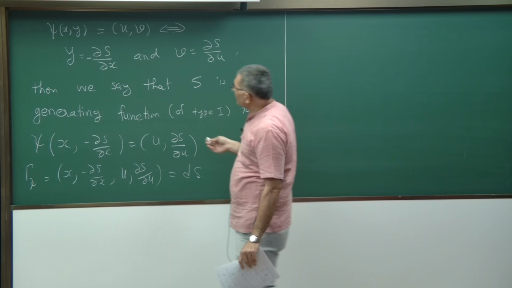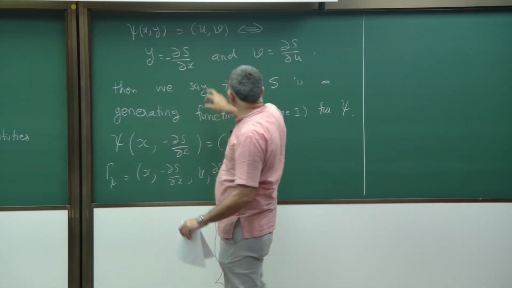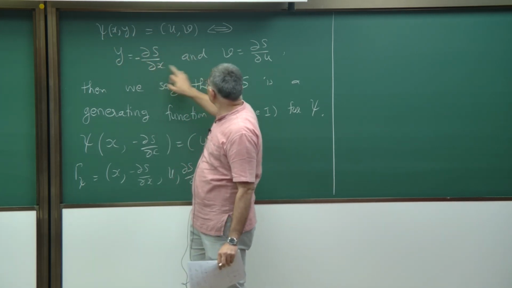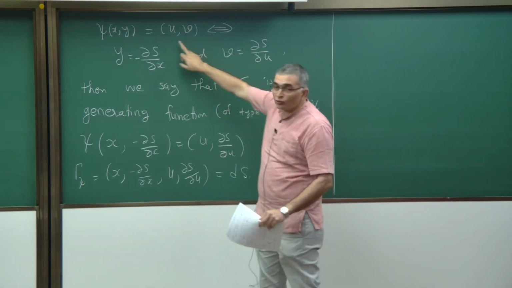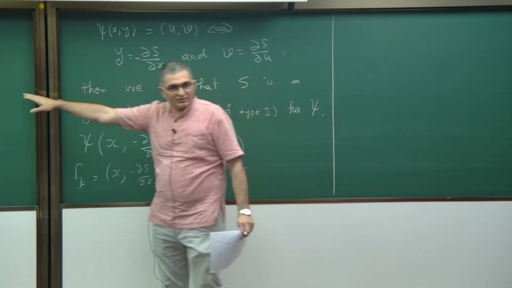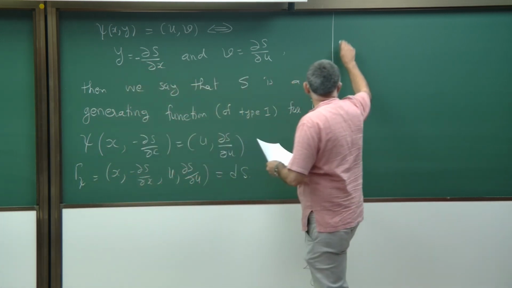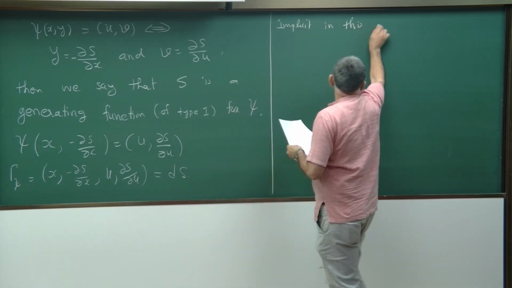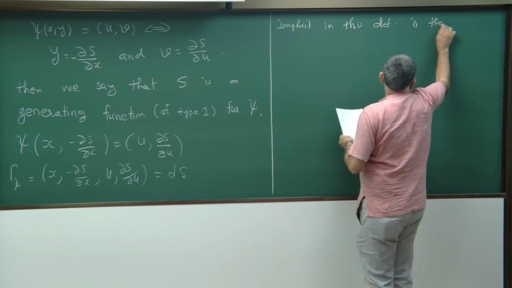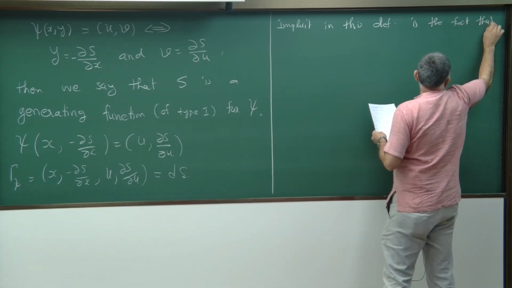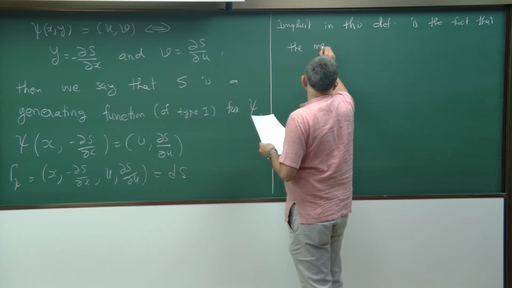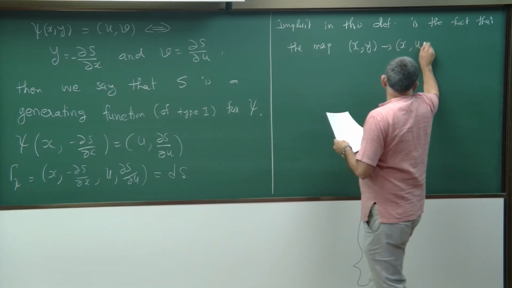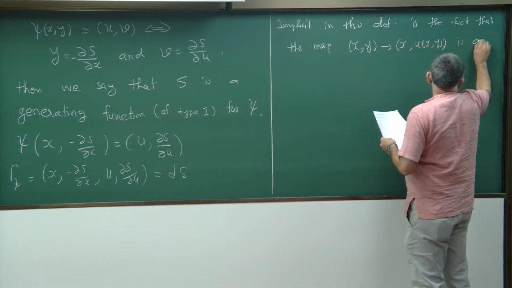But one thing here is important. I have psi of (x, y) equal to (u, v), and I want u to be a variable on R2n for S to exist. So, implicit in this definition is the fact that the map is a diffeomorphism.